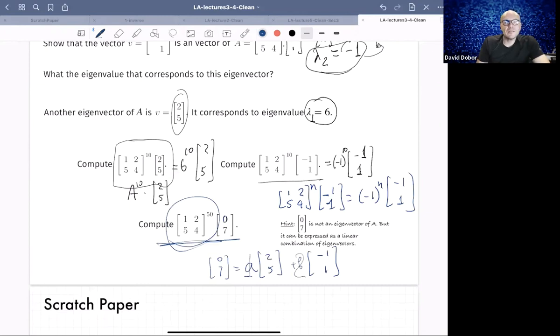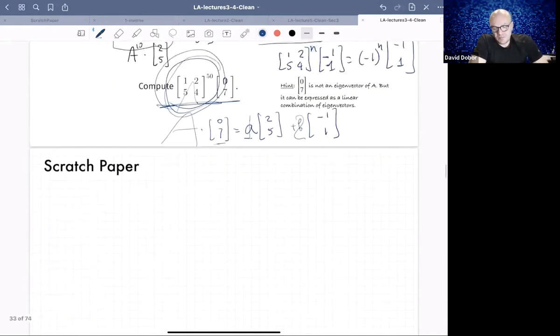If you add those up, that mixture of the eigenvectors gives you exactly this vector. Then how do we compute the gazillionth power of A applied to this vector? Applying A is tantamount to applying A to the linear combination of those two vectors, and then you use matrix arithmetic, and it's easy to do. Good exercise.